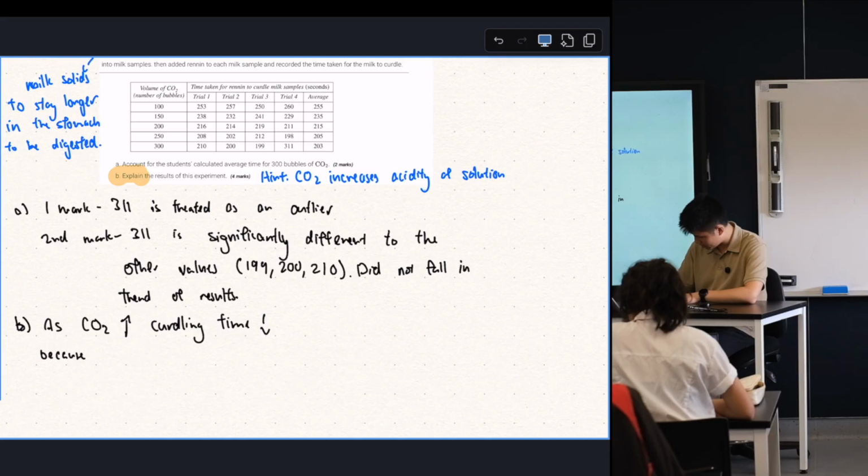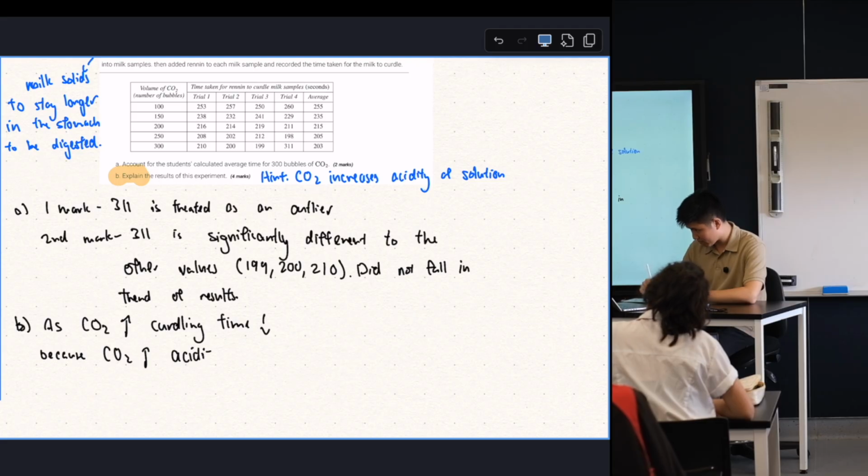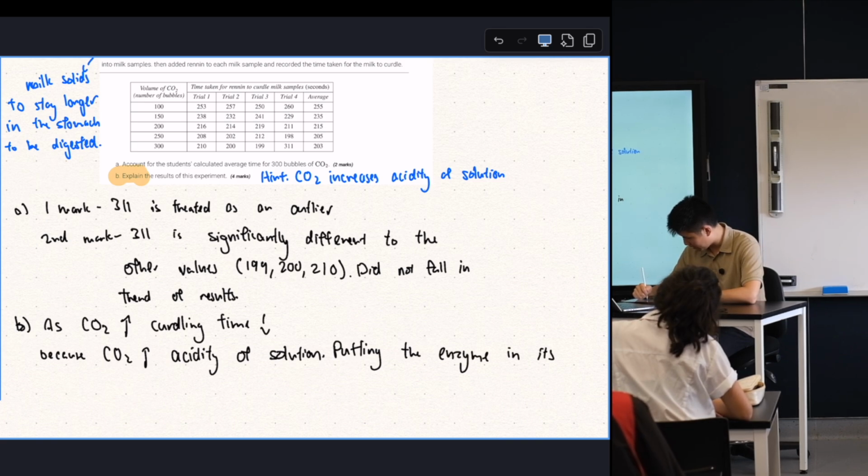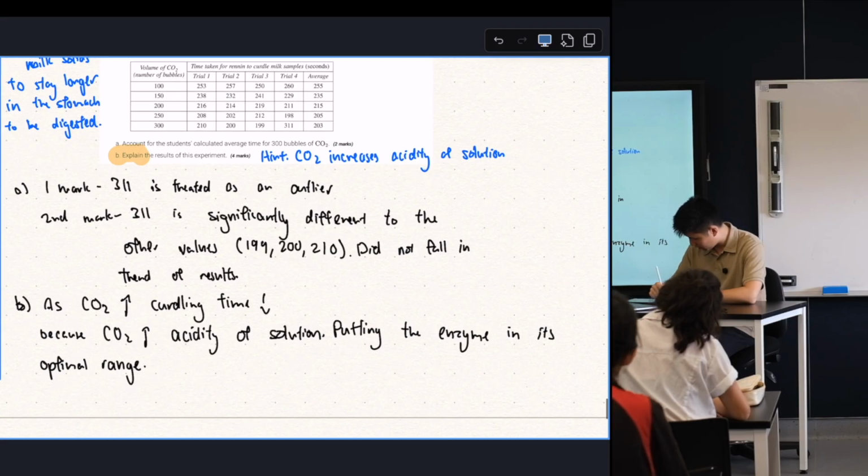This is because CO2 increases acidity of solution, putting the enzyme in its optimal range.